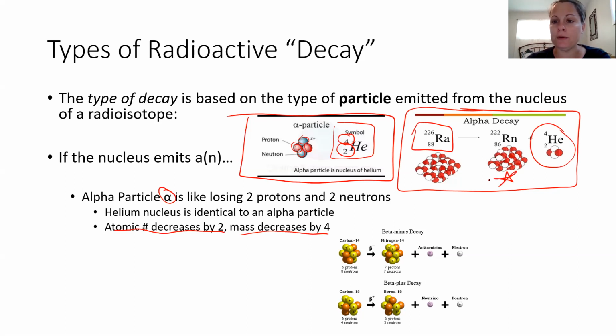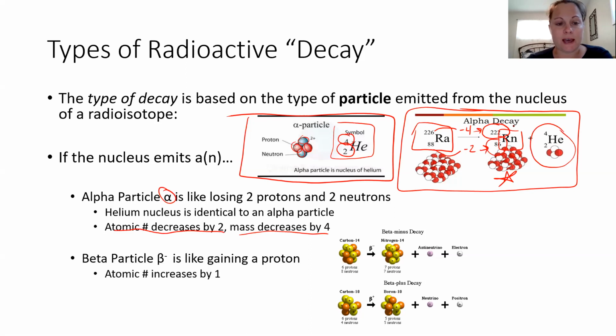That something new has a mass number that is 4 lower than the original isotope. So the mass went from 226 to 222. That alone does not change the identity of the element. But if you also lose 2 protons, the new atomic number would be 86. And atomic number 86 is not Ra anymore, it is Rn. It has a new identity. So alpha decay changes one element into another.